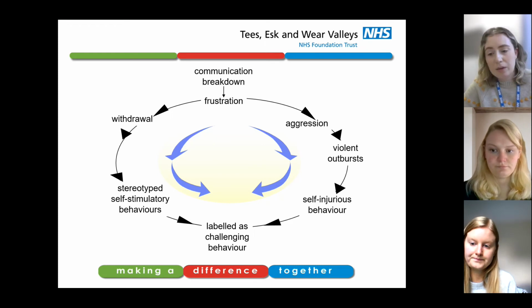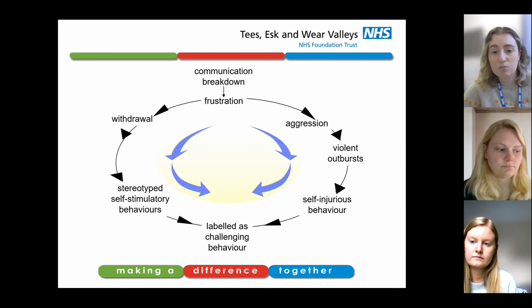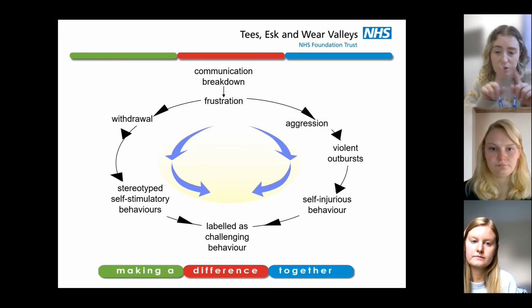So this person might not be able to verbally express what's going on, but if we see this behaviour, we can work out other things going on in the environment, and potentially put that down to some sort of communication breakdown. So we've got this circle and it can go either way.